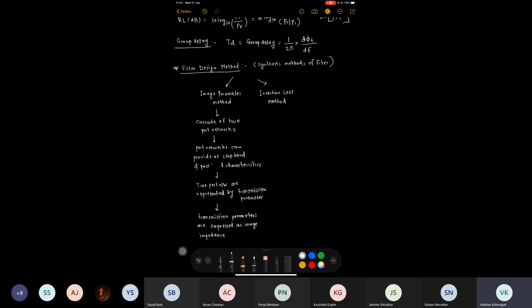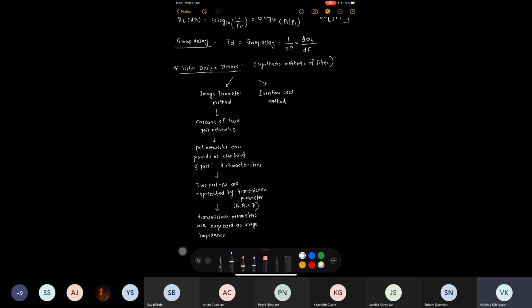These two-port networks are represented as transmission line parameters, also known as ABCD parameters. We express the ABCD parameters of the two-port network in terms of the image impedances of the given network, and that's why this method is named the image parameter technique.